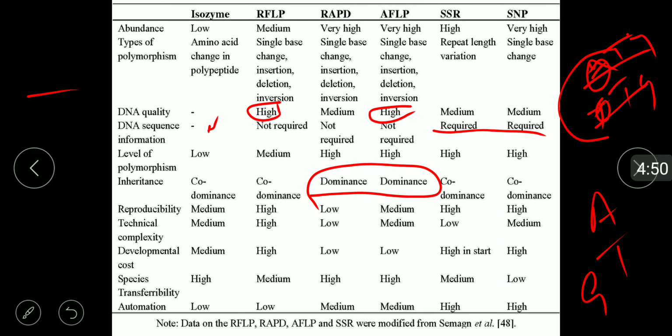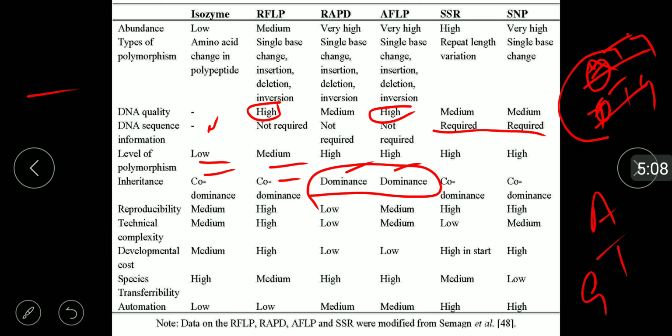In codominant markers we can easily differentiate heterozygous from homozygous because we get two bands, but with dominant markers we get only a single band.